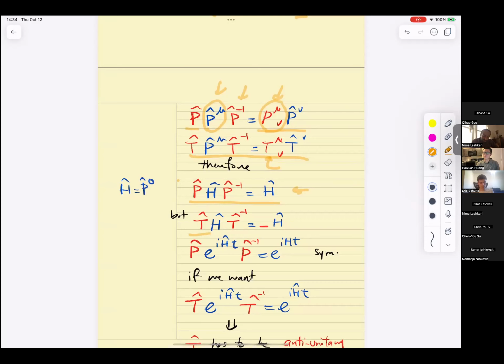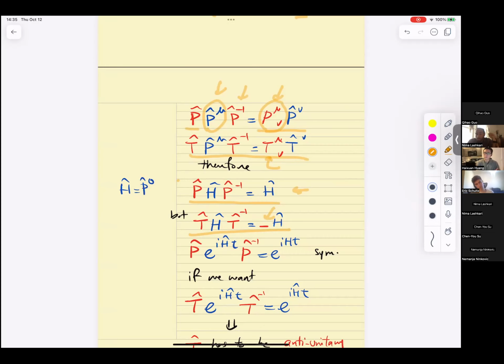However, with respect to time reversal, it will pick up a minus sign because time reversal was minus 1, 1, 1, 1. So it will flip the sign of the zero element. That could cause problems. What did we learn? We learned that the Hamiltonian is not invariant under time reversal.